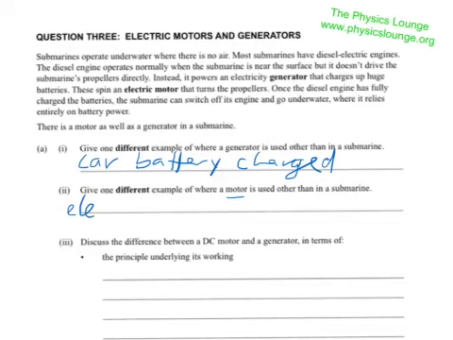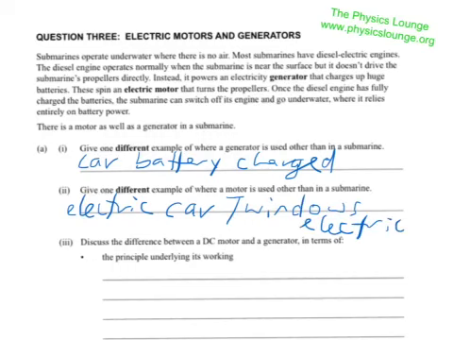So let's write electric car. But you would also use it for window winders in an electric car, electric window winders. Look, there are just so many that you could possibly have. Fans are a big one.